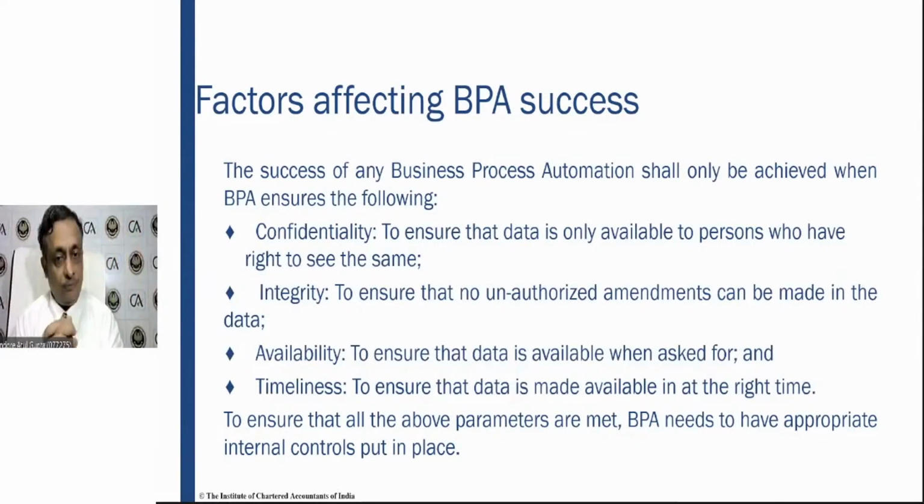Then availability, to ensure that data is available when asked for. I'm taking a very different example. We'll bring that here again. Availability: say now, because travel has opened, a lot of people are traveling, and December is a holiday month, and we are all reading the news daily.